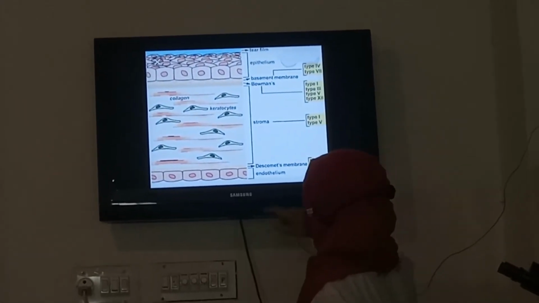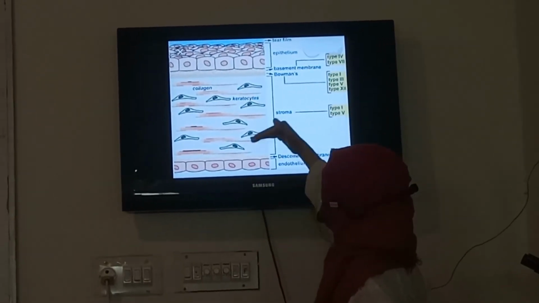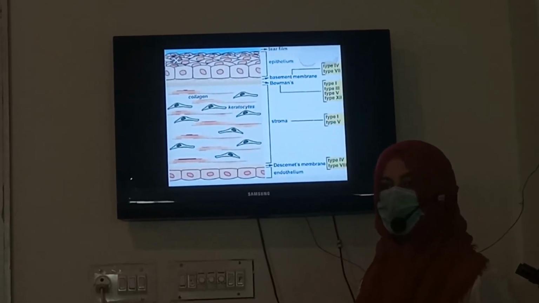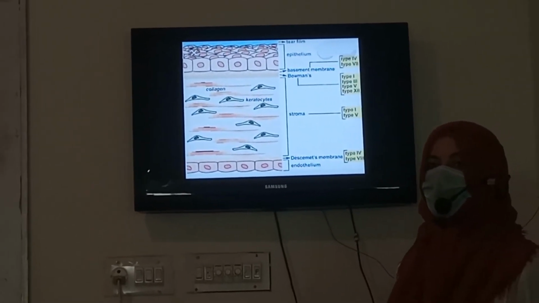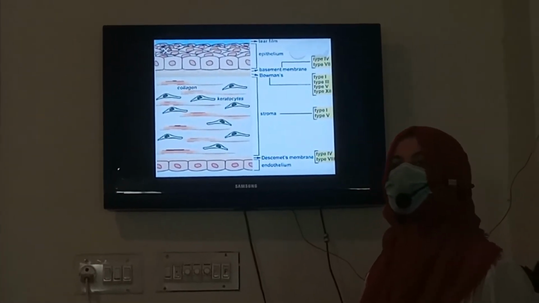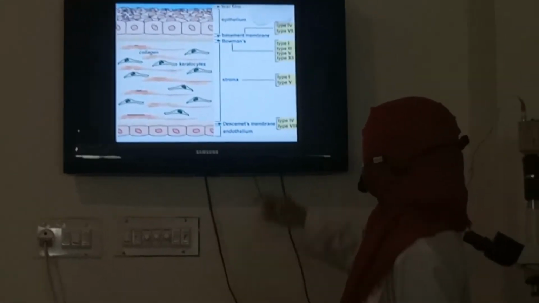Then we get many polygonal-shaped layers, and the first layer, which is low columnar or seems cuboidal, has very good mitotic activity. So the power of regeneration and renewal is very good in the corneal epithelium.